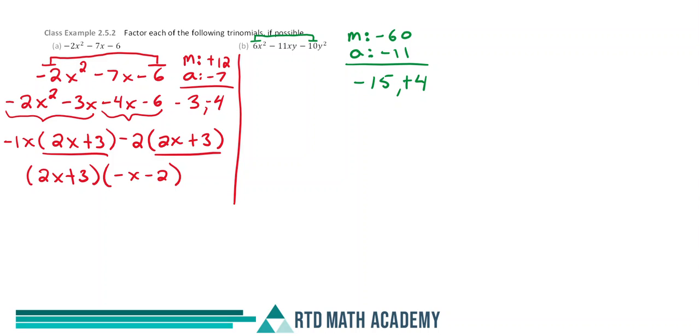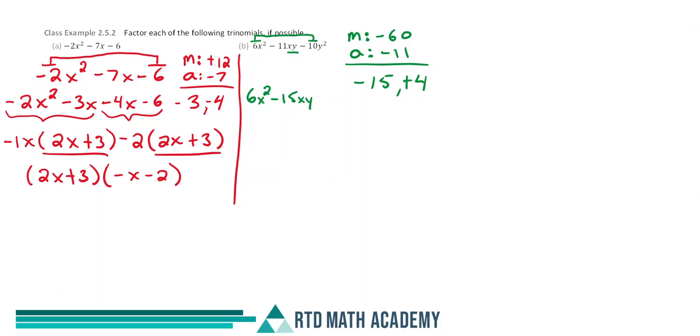Yeah. All right, so now let's do our same thing we did in the last one. So we've got 6x squared. And then instead of the 11, we're going to rewrite this as negative 15. And then this time it's going to be negative 15xy, because that's the variable there, right?